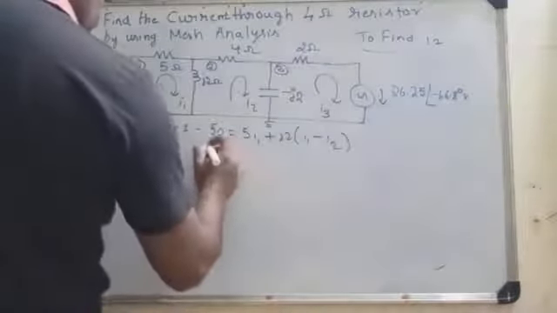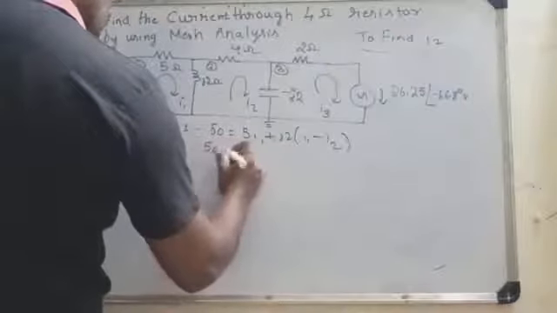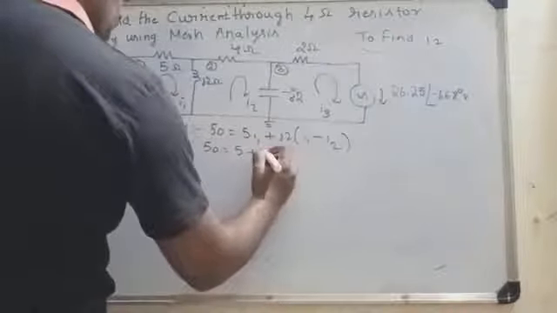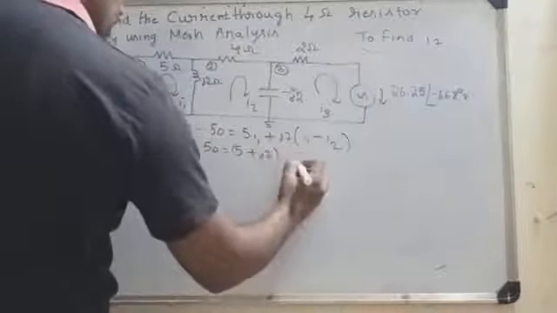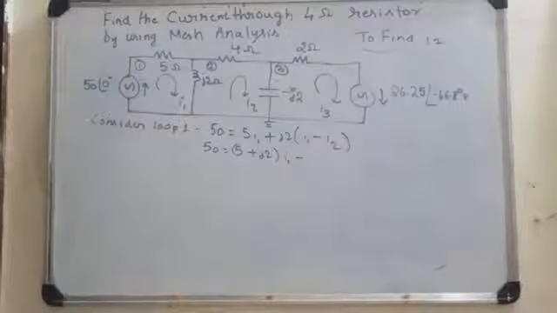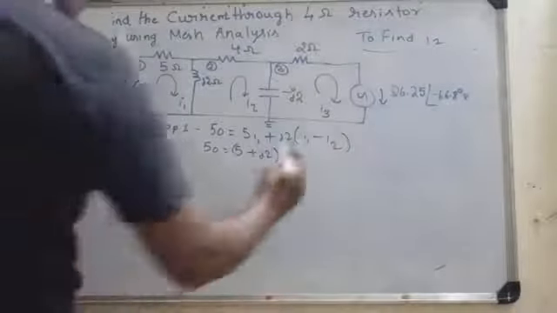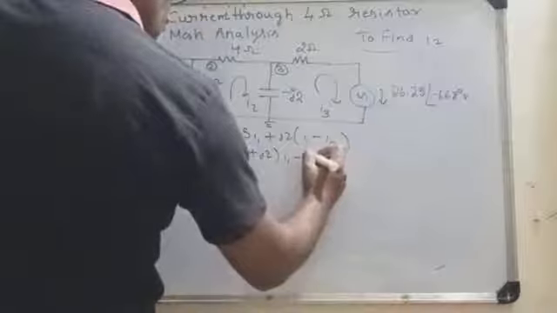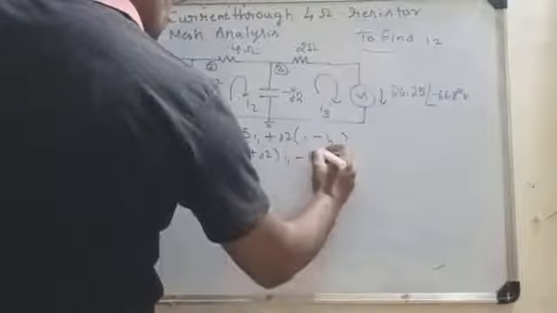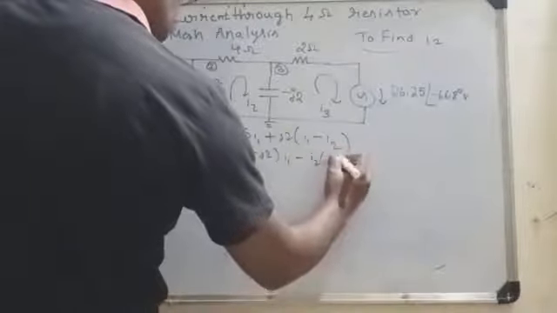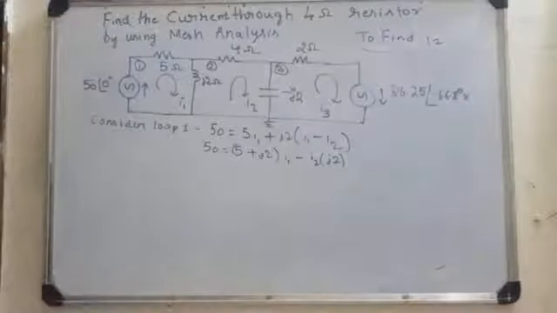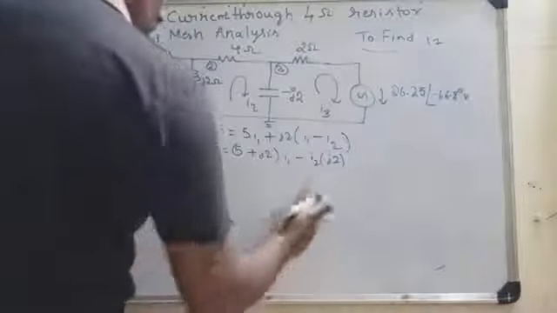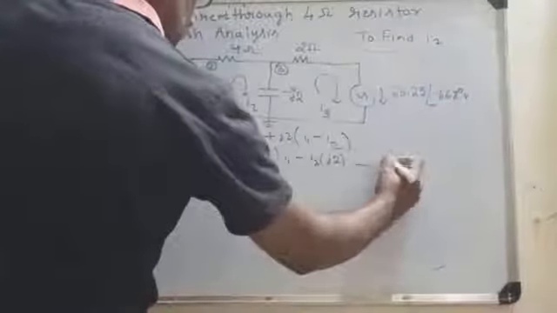So this will give 50 equals (5 plus j2) I1 minus I2 times j2. This is the first equation.